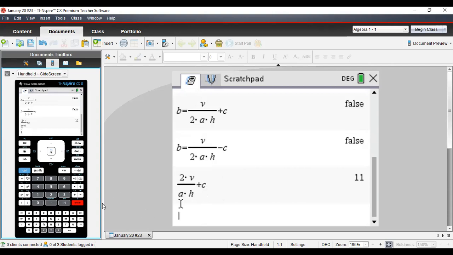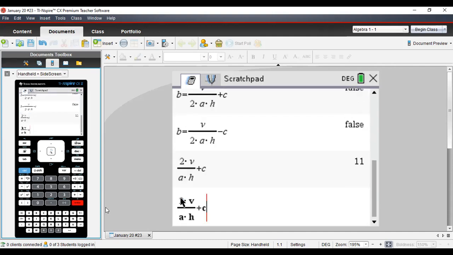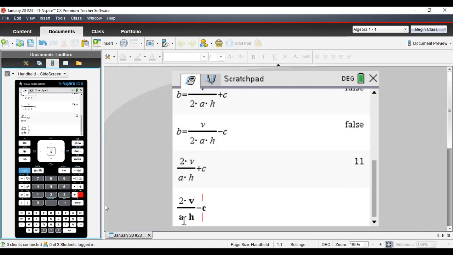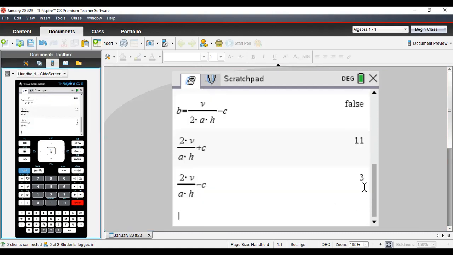So now let me just go in, and I'm going to copy this again. And then all I have to do is subtract the C. So I'm going to do minus, and then I press that. And it gives me the value of 3. So this is the answer choice. Now, I'm going to show you that basically what I did was essentially what I did on the first 2.